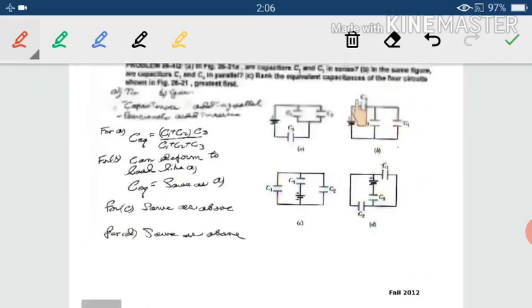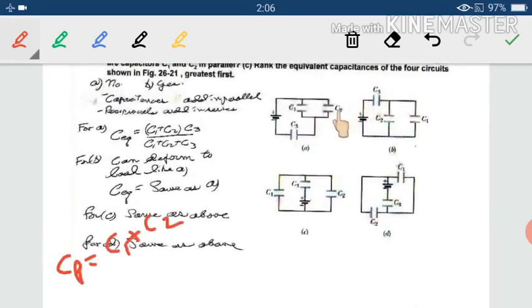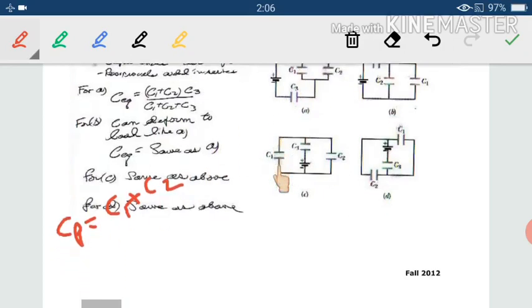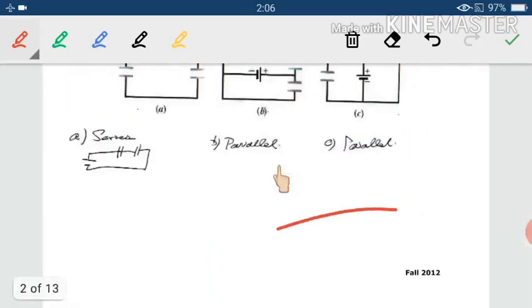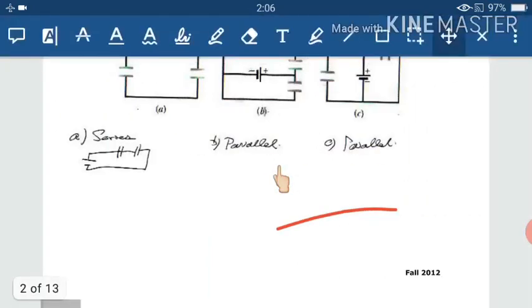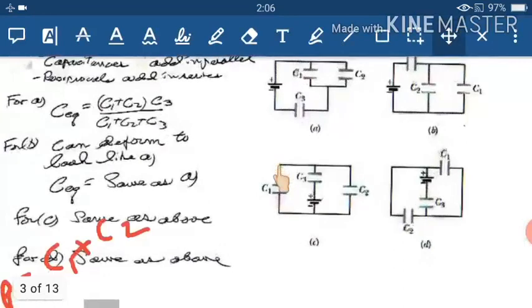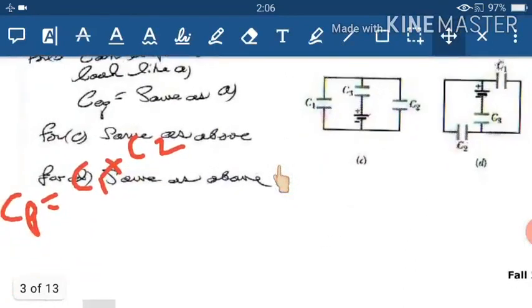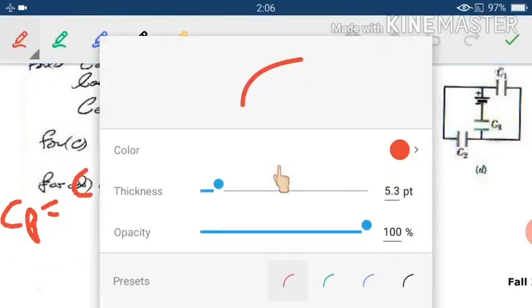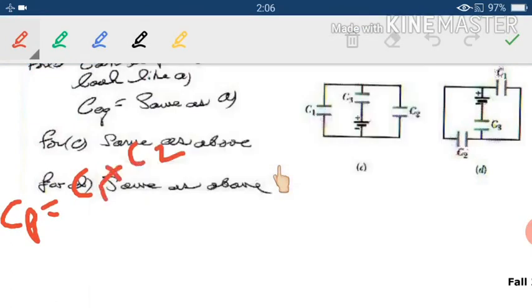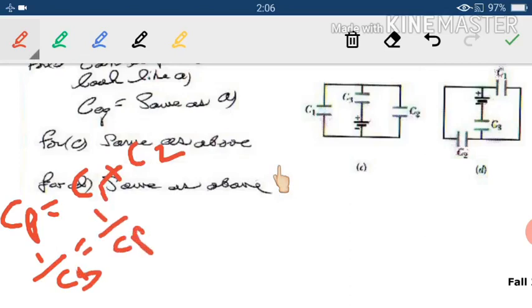Now C3 will be in series with the Cp. Now we know how to calculate the equivalent capacitance for series combination: 1 upon Cs is equals to 1 upon Cp plus 1 upon C3.